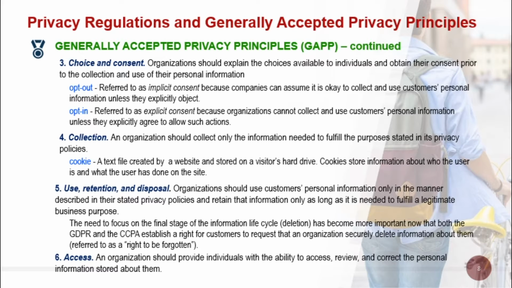So implicit means it is not written, but when the customer agrees with the agreement the first time they open the website, implicitly the customer consents that a company can collect and use customer information. And opt-in refers to explicit consent, because the organization cannot collect and use customer information unless they explicitly agree to allow such action.